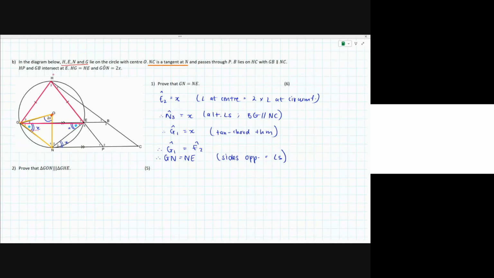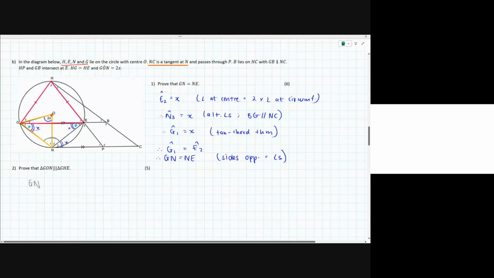Now we know that HENG is a cyclic quad because all four vertices are on the circumference. Now in this triangle GEN, I can easily work out this angle GNE because I've got sum of angles in a triangle.